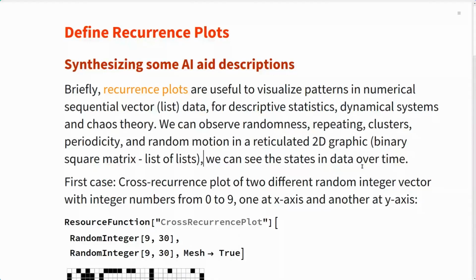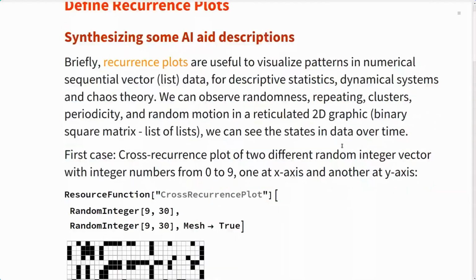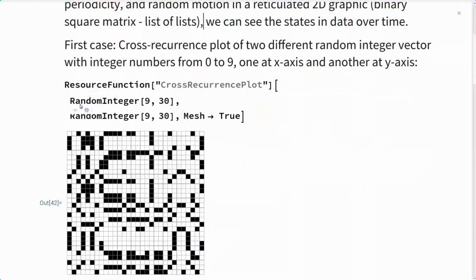For example, in the first case we have two random integer lists from 0 to 9, with 30 elements each. Of course, they are different random lists. In this binary matrix, the black squares mean that the values from both lists are closer to one another.